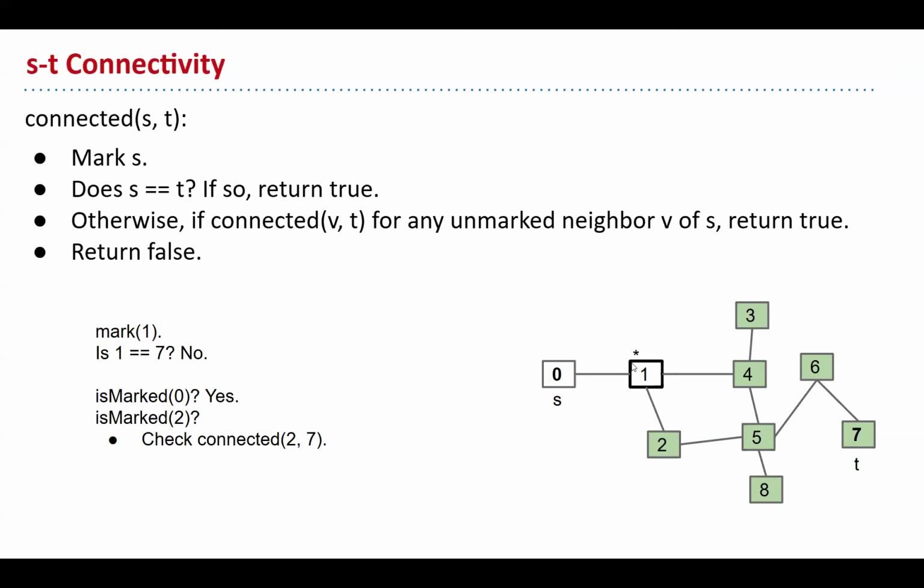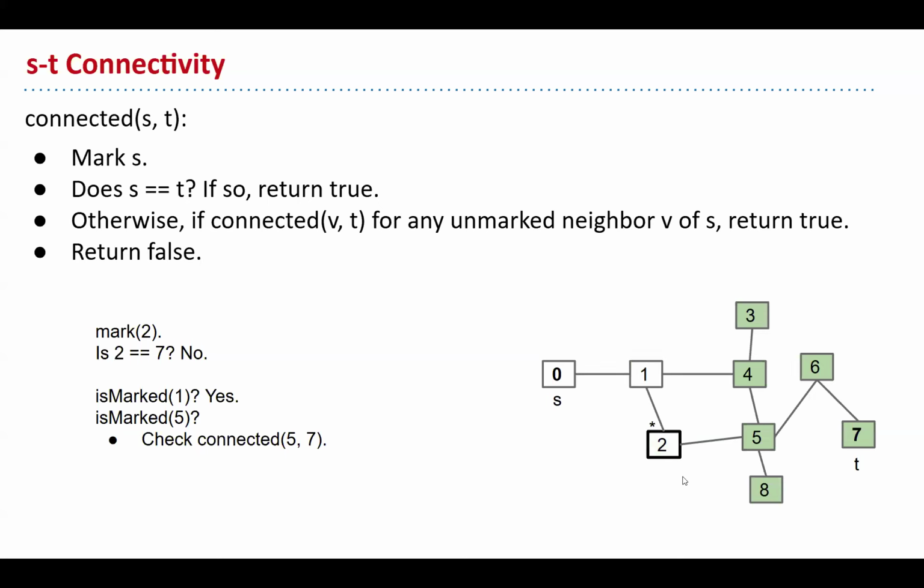So we go to 1, and we look, is 1 the same thing as 7? No. So what do we go to next? Well, first we mark 1, and then we'll look at one of its neighbors. In this case, I'm going to always pick the smaller number to look at first. So I'll look at 2. Is 2 equal to 7? No. So what do you look at next?